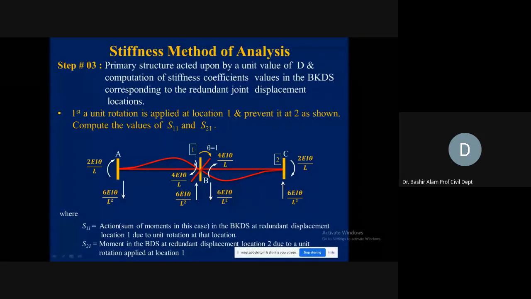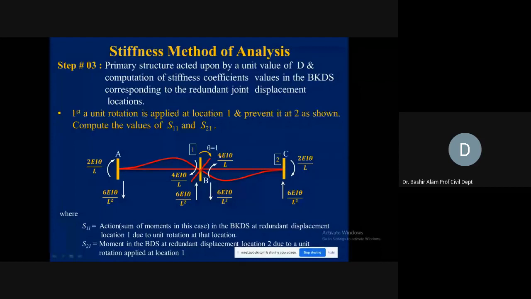Now at the far end, the moment will shift in the same direction. If you see here on the left, it was produced in the clockwise direction. Why clockwise? Because the rotation given was in the clockwise direction. So the action generated at the near end is in the same direction as that of the rotation.